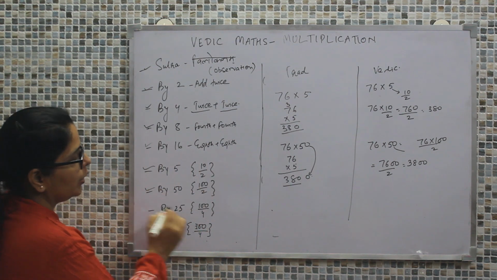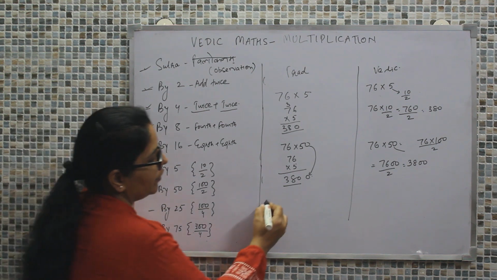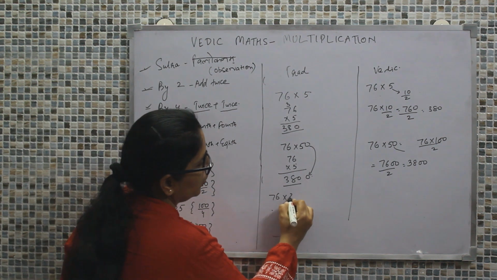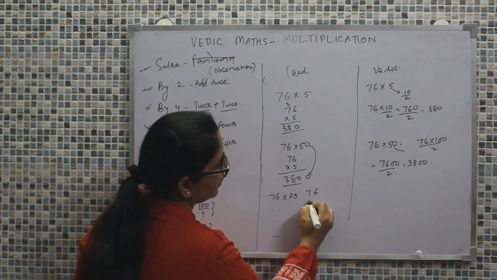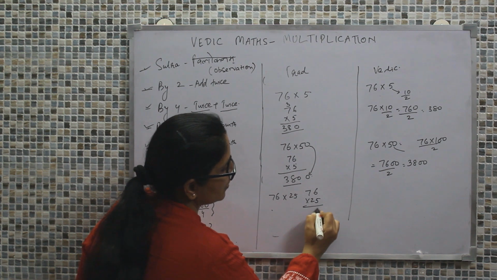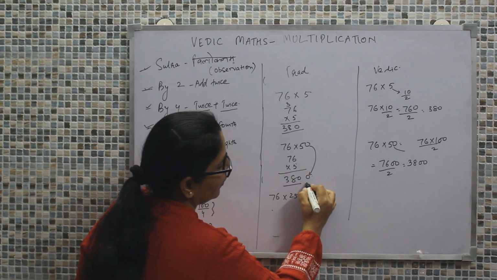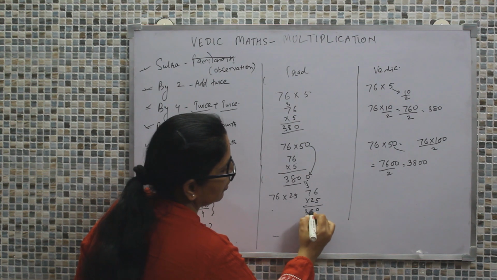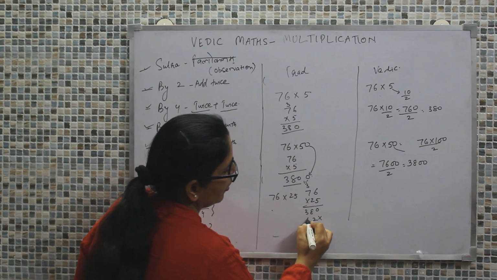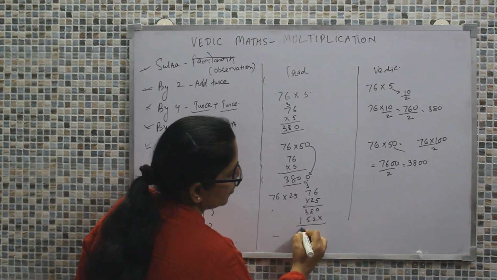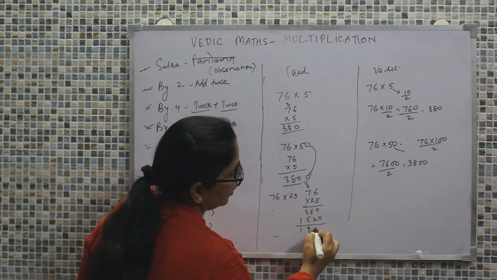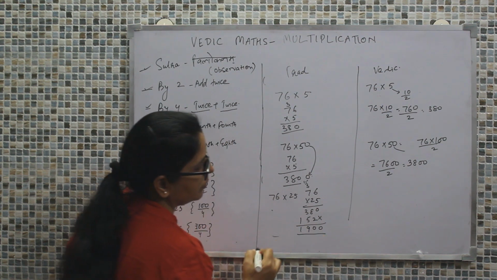Next is by 25. When we multiply 76 into 25, 6 5s are 30, 35 and 3 is 38, 12 and 15. So we have 1900.